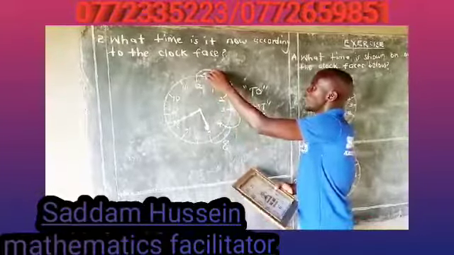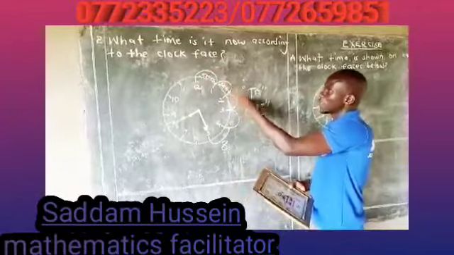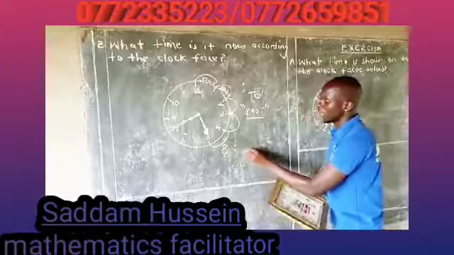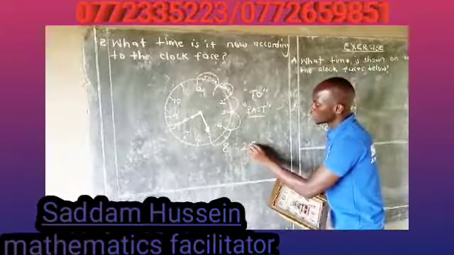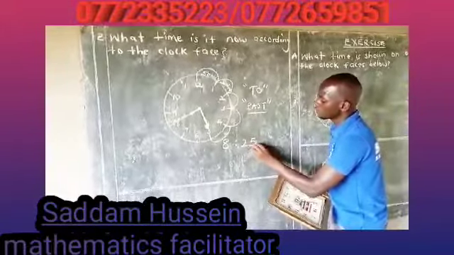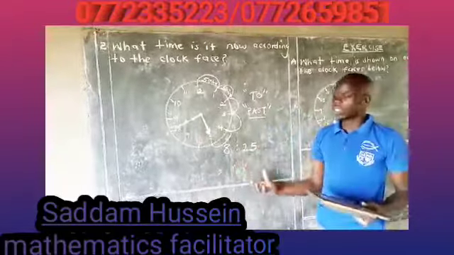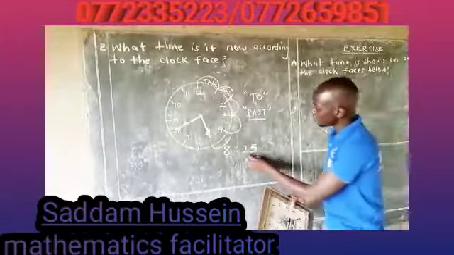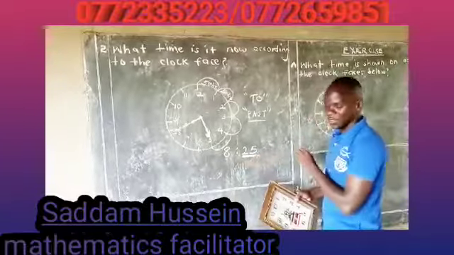So when you add 5 plus 5 is 10, plus this 5 is 15, plus this 5 is 20, plus this 5 is 25. So don't forget our 2 dots there, then you put 25. Remember, they have not told us whether it is morning time, evening time, afternoon time. So it is 8:25.